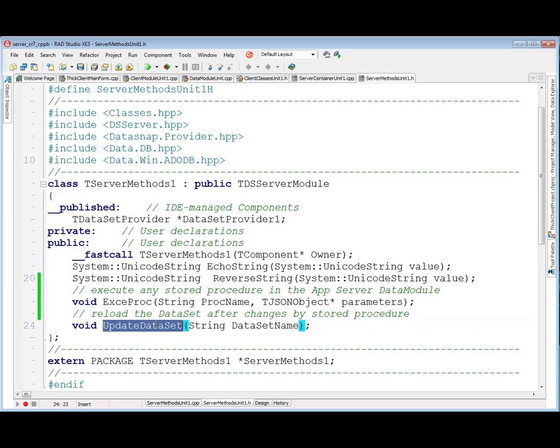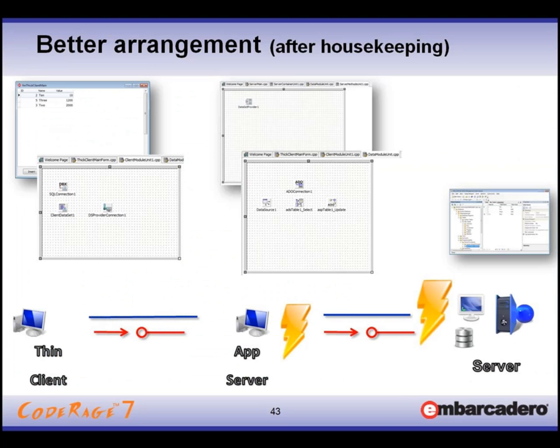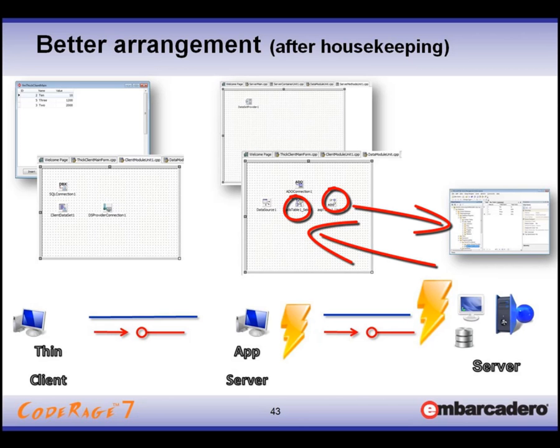This method also will be called to reload the updated record set. So the first method will fire the stored procedure, and the second method will reload the record set.